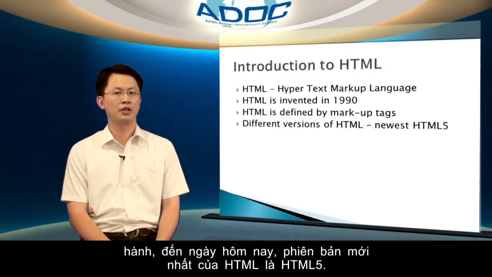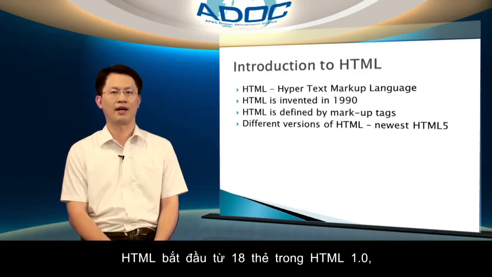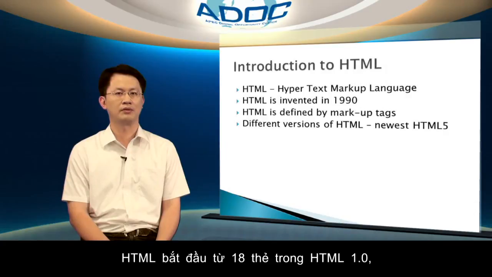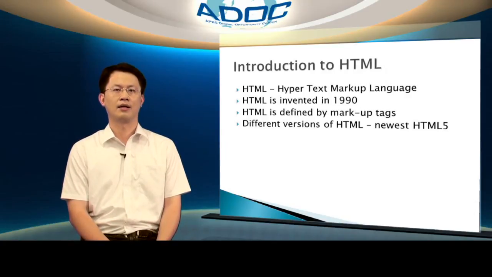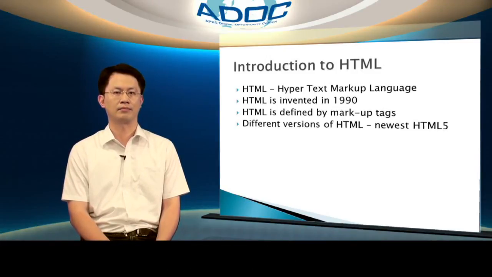The newest version of HTML is HTML5. HTML starts from 18 tags in HTML 1.0, adding up to support media, voices, and dozens of elements in HTML5.